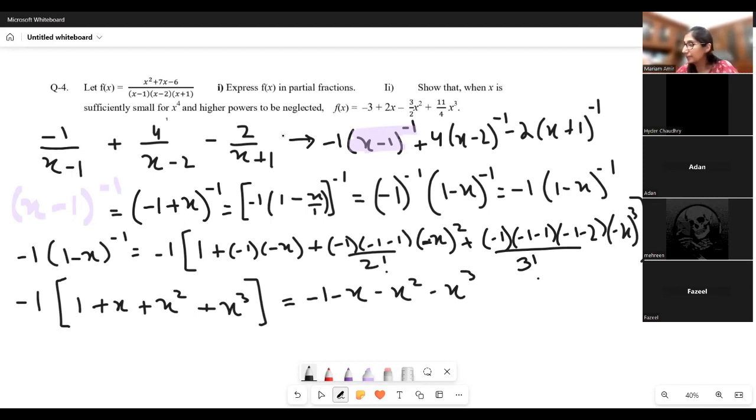Before we proceed, let me check if we have... all the signs reversed. Why is that? It's 1 plus x squared plus x cubed. So let's check. Okay.